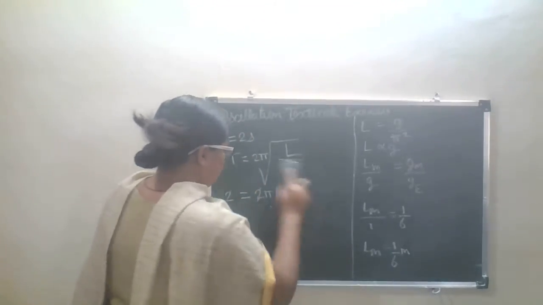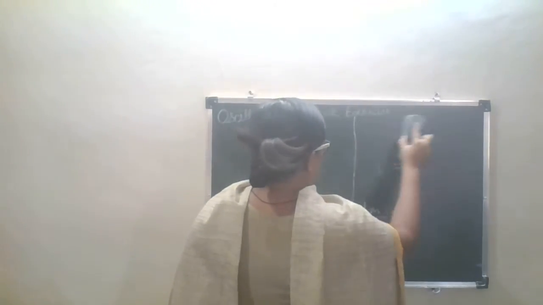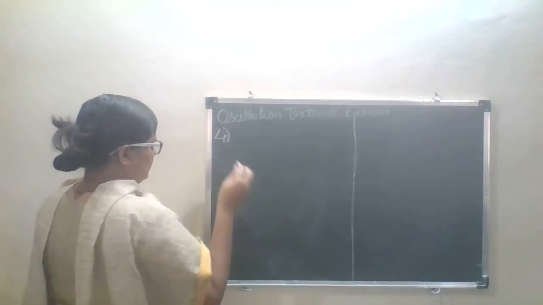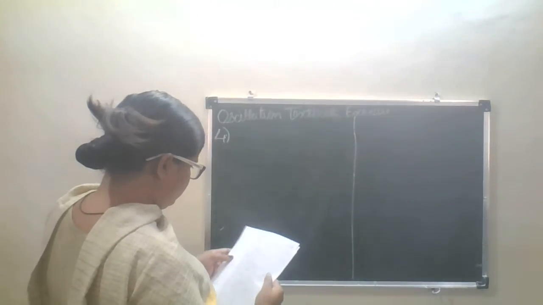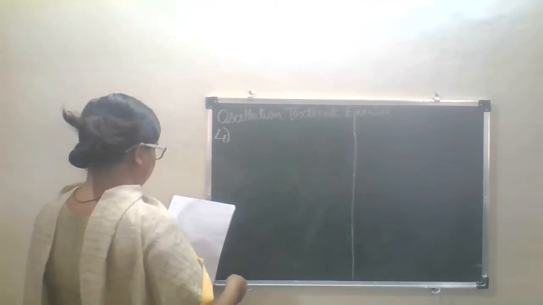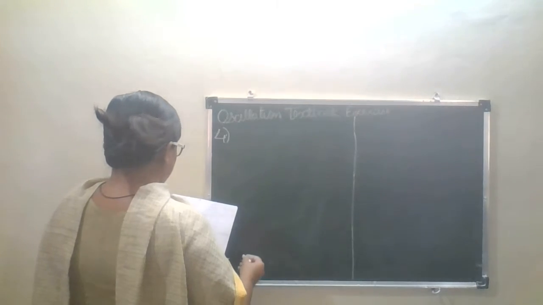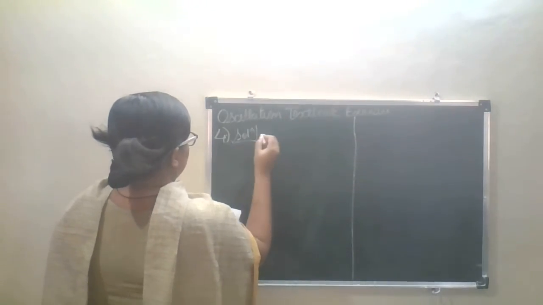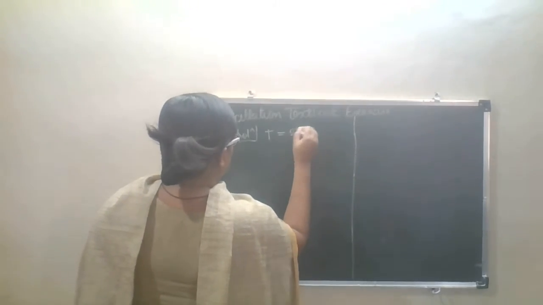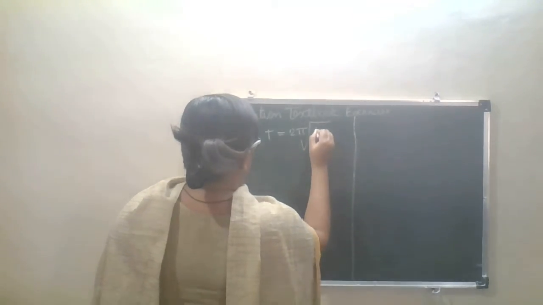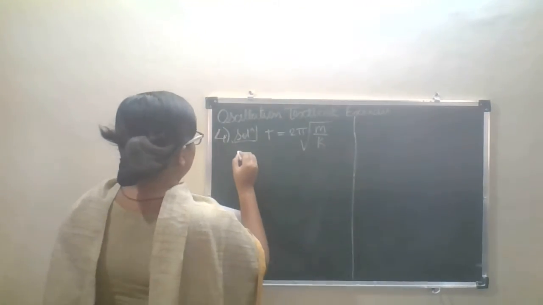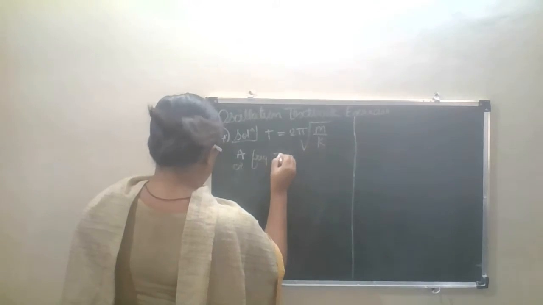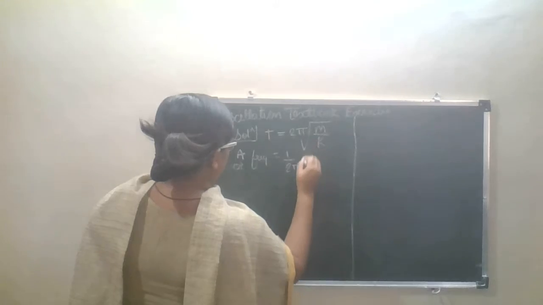MCQ. Now we will solve the fourth MCQ. What we know, we will solve the solution directly. The time period T is equal to 2 pi under root m upon k, and the frequency n is equal to 1 upon 2 pi under root k upon m.